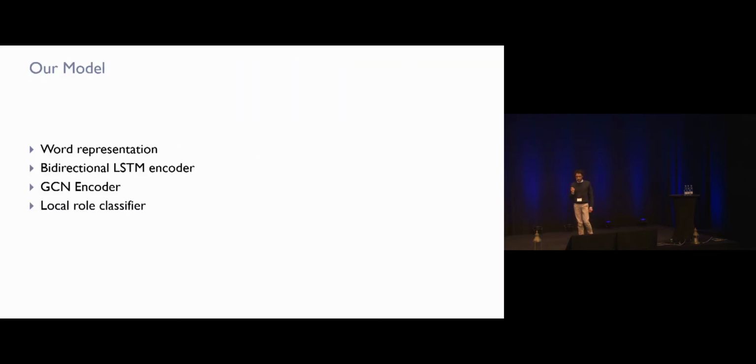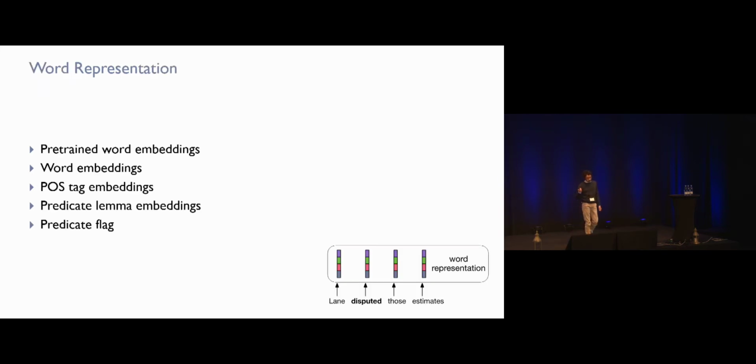We implemented a very simple model for semantic role labeling that is composed of 4 simple layers: a word representation layer, a bidirectional LSTM, then the GCN encoder, and then a local classifier on top.